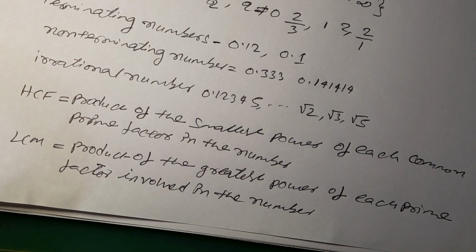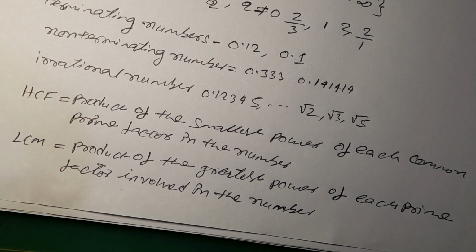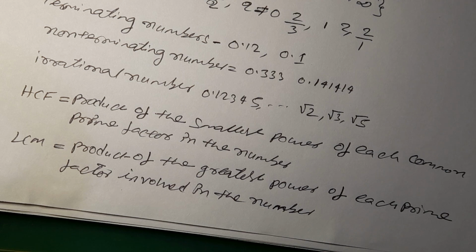First there will be two numbers. From the two numbers, first prime factorization has to be done. After finding the prime factorization, the prime numbers have to be checked, and from them the highest power will be taken. So that will be the LCM. In the LCM, the highest power of a prime number, and in the HCF, the smallest power of a prime number.